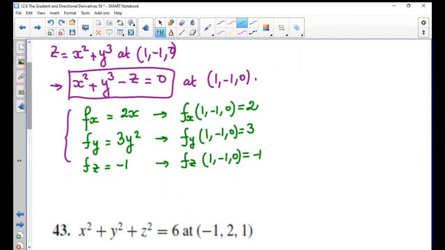So can we write the equation of the tangent plane with this? Do we have enough information? Yes, we can.